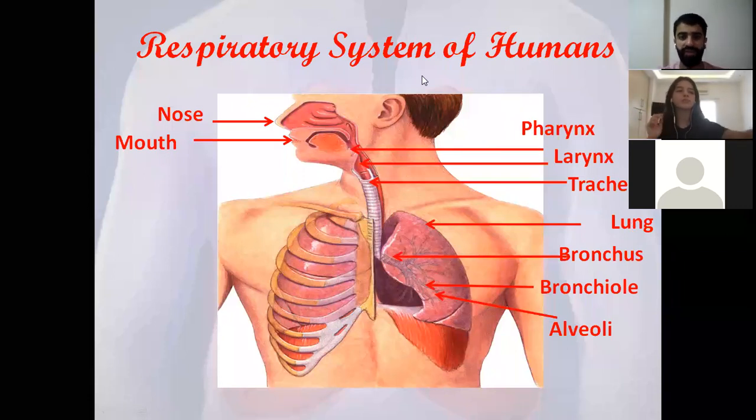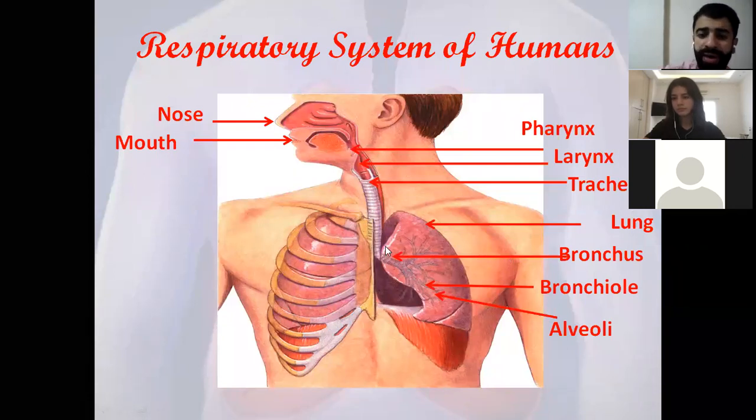So, starting first with the nose, then we have the mouth, then we have the pharynx, and here we have the larynx below it. After the pharynx and the larynx, we have the trachea. The trachea is called the windpipe. Also, we have the lungs, which are one of the most important organs of the respiratory system.